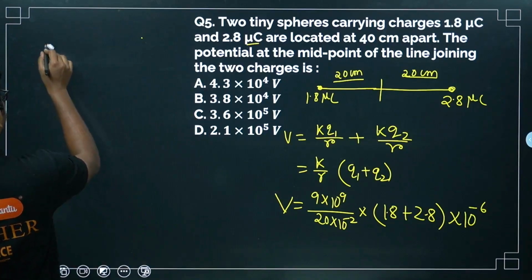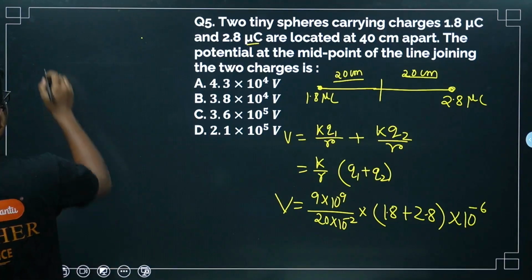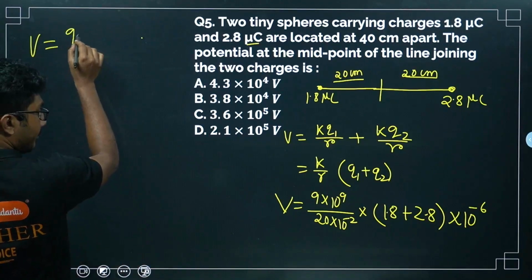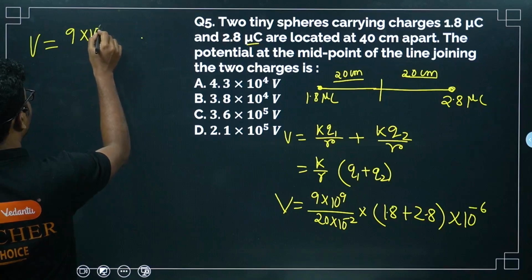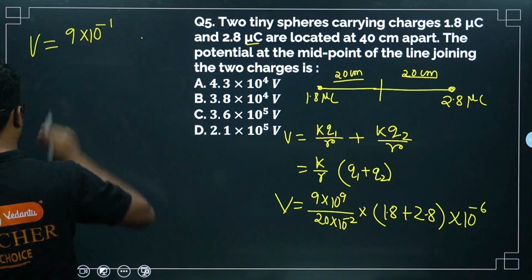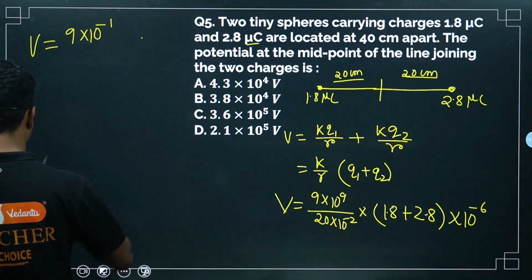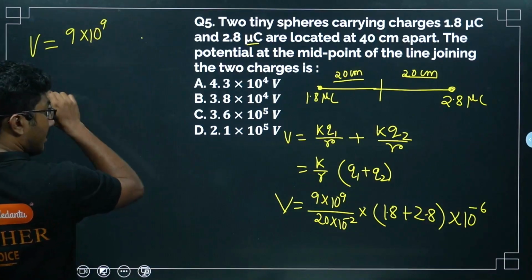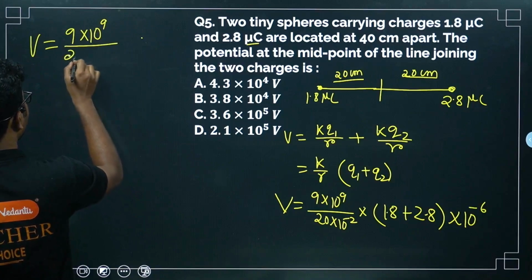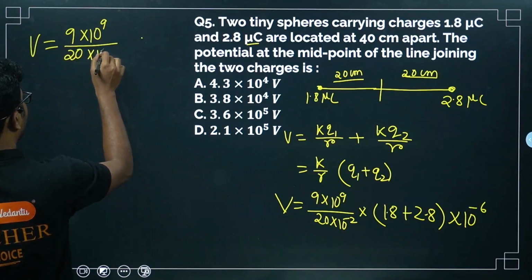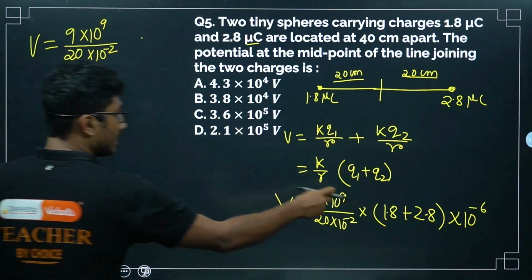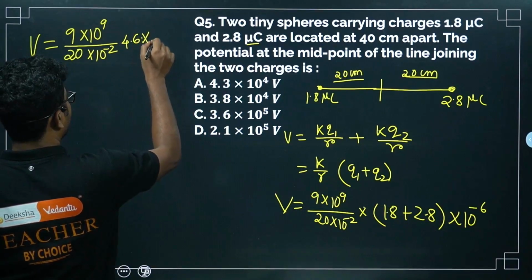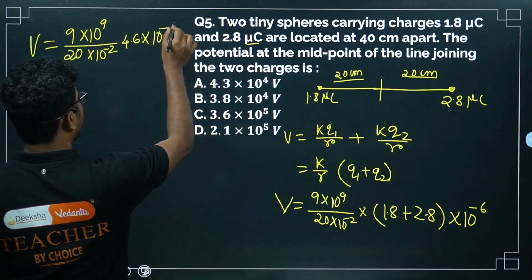So let me rewrite the potential. V equals 9 times 10 to the power of plus 9, multiplied by 4.6 divided by 20 times 10 to the power of minus 2, and since they are microcoulomb, we have added 10 to the power of minus 6.